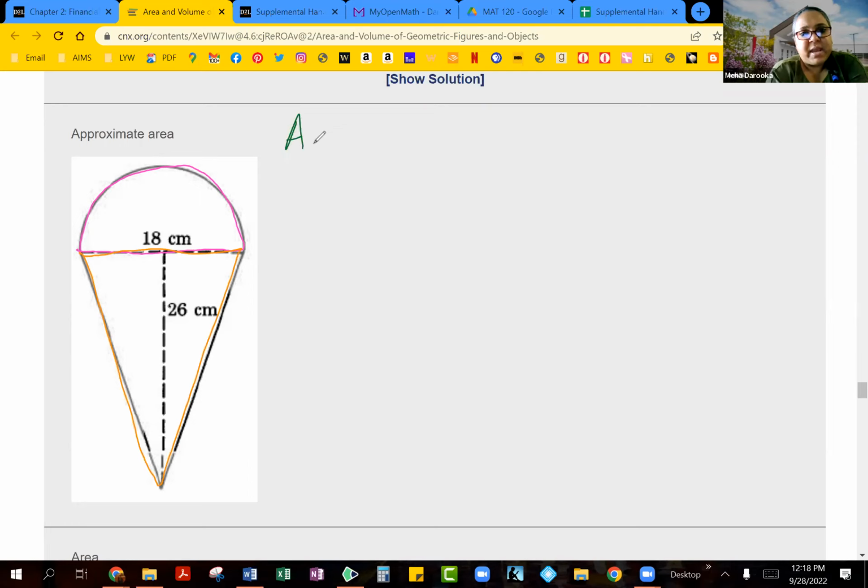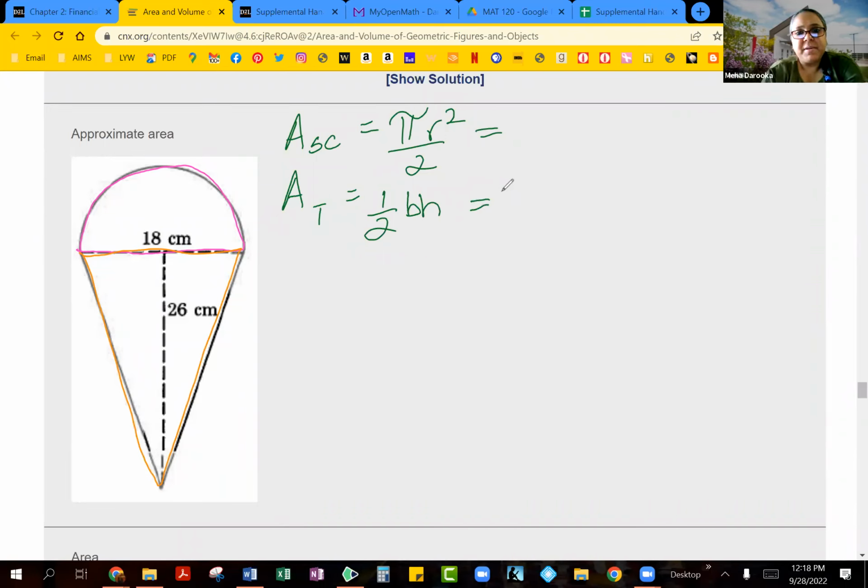So again, remember, area of a circle is pi r squared, but since this is a semicircle, divide that by 2. Area of a triangle, of course, is 1/2 base times height. So what are each of these areas going to come out to be?